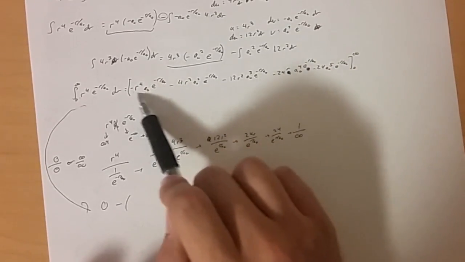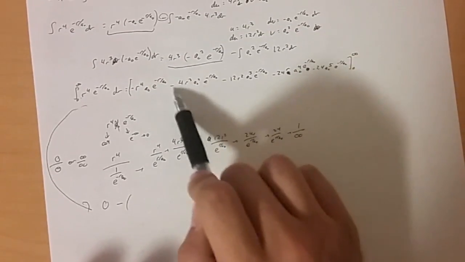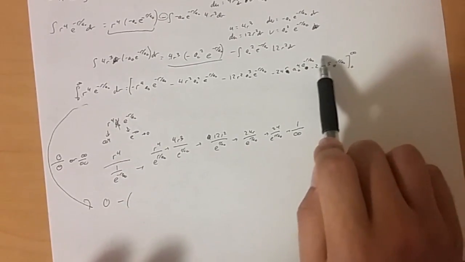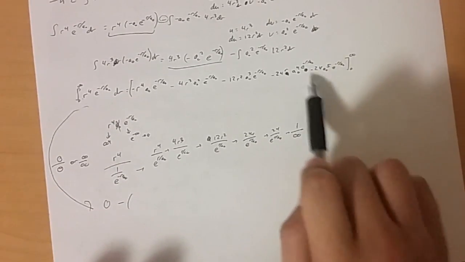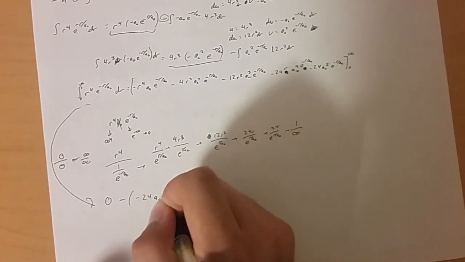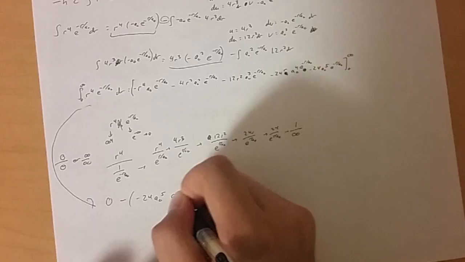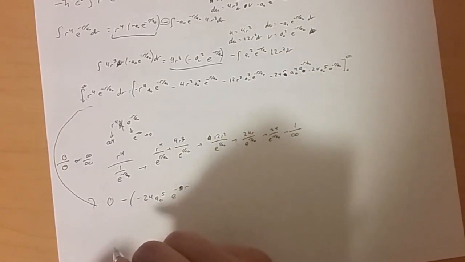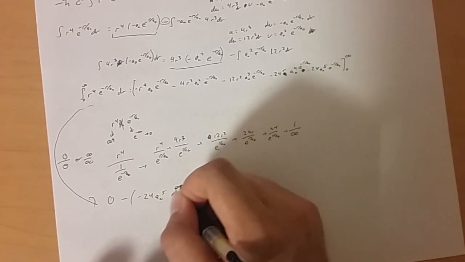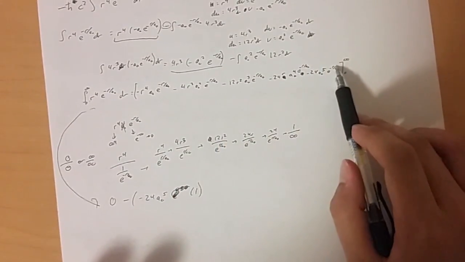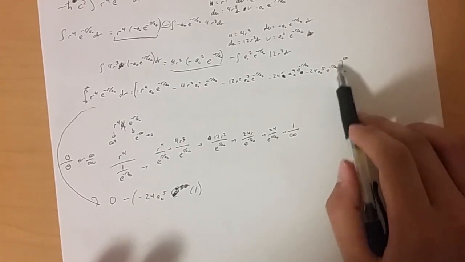So this term here is going to be 0, this term is going to be 0, this term is going to be 0, this term is going to be 0, and then here we have a term without any r's. So this is going to be our actual term. So then we get negative 24 a naught to the 5th, e to the negative 0, and then this is times 1, right? Because e to the negative 0 is e to the 0, which is 1.